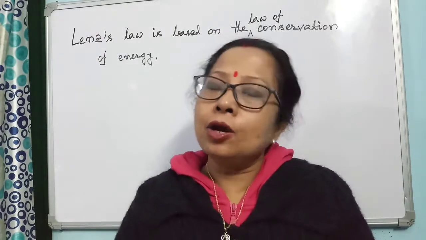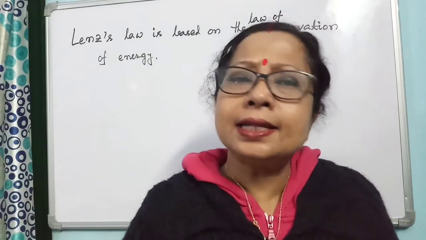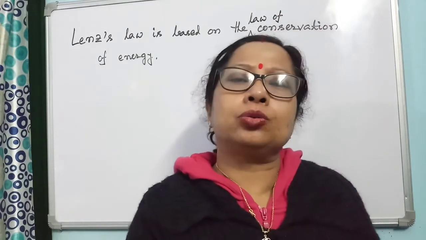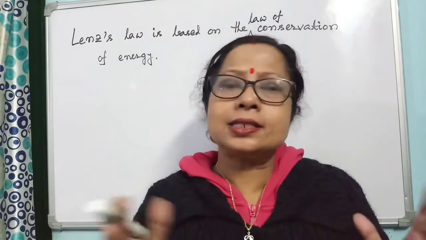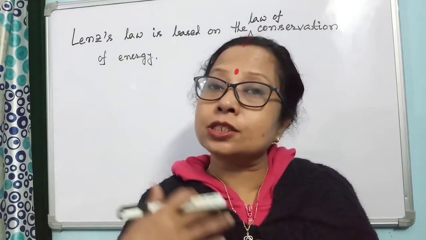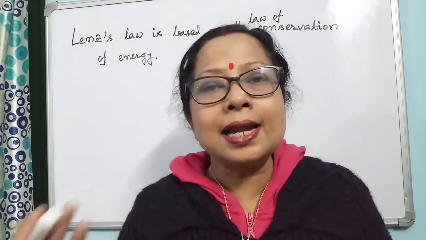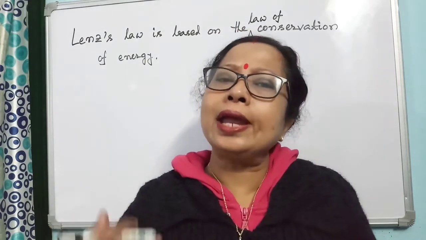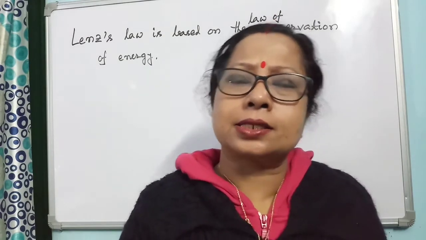Some external agency is bringing the North Pole towards the coil. If it does not oppose, the external agency does not have to do any work. The North Pole will come towards the coil by itself.